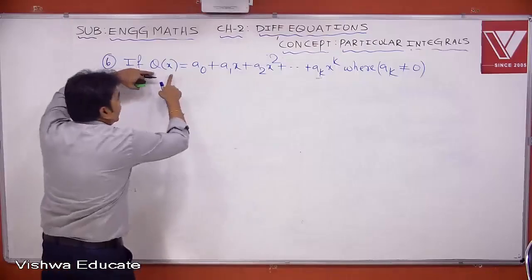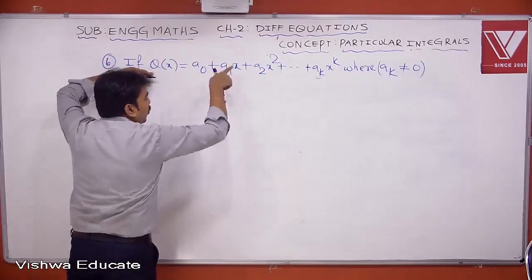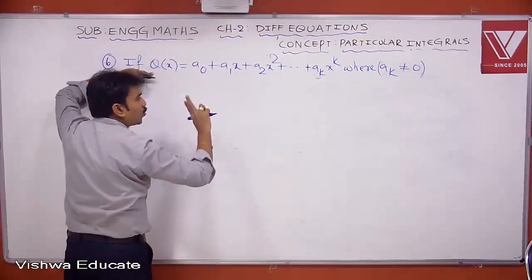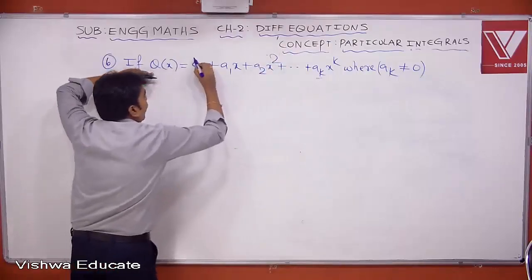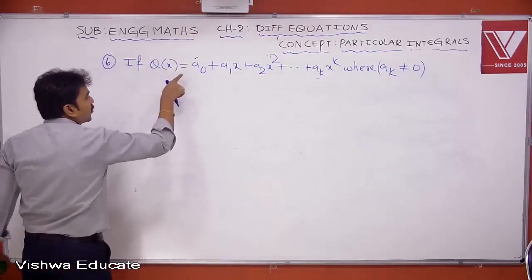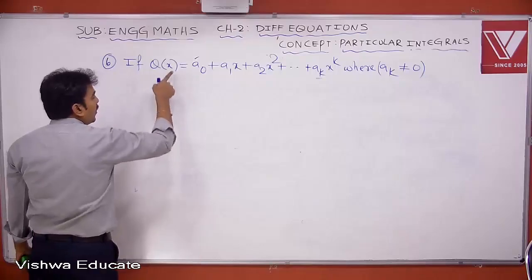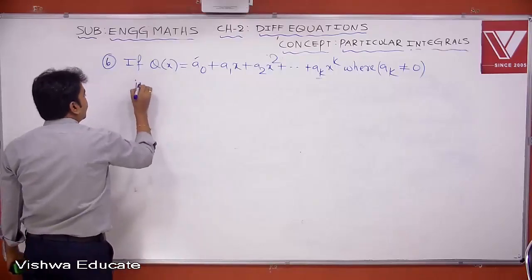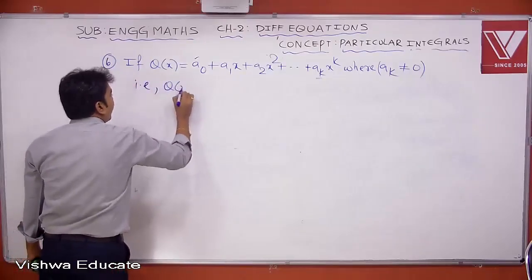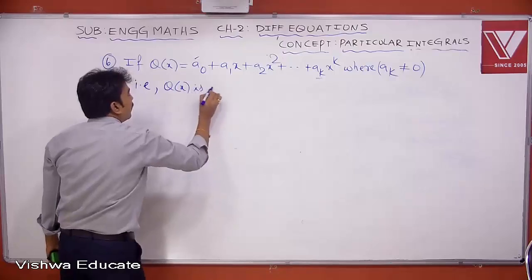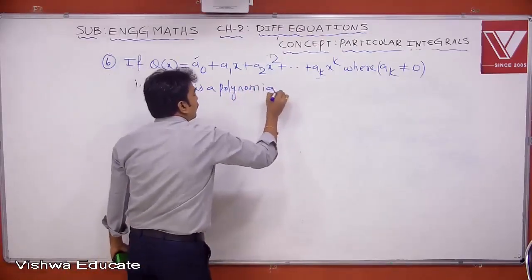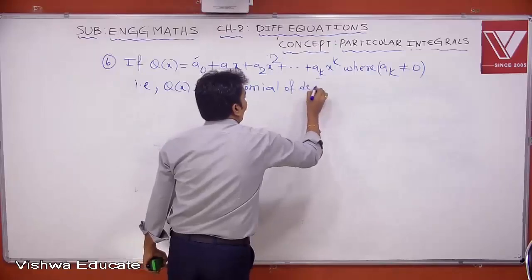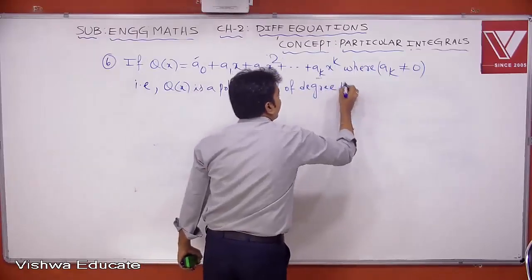In this expression we have positive integral powers of x along with some constants. Such expressions are called polynomials. So Q of x is a polynomial of degree k.